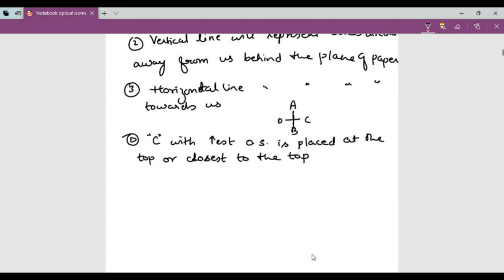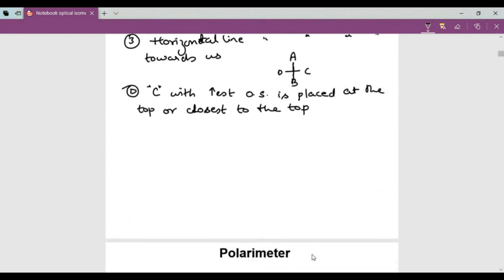Either you place it exactly at the top or you place it closest possible to the top. That is Fischer. For example, if I have glucose, glucose is always written in a conventionally correct Fischer like this.